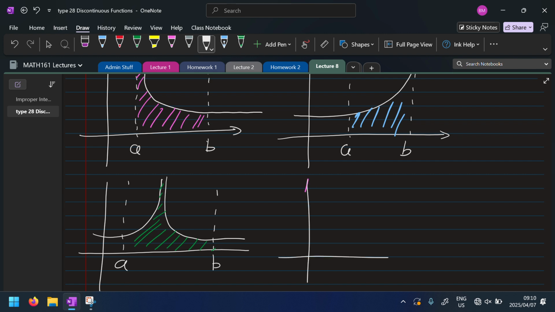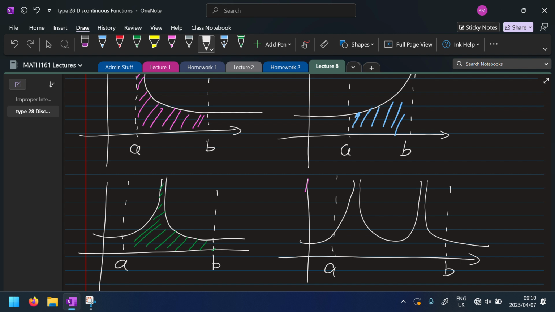So it could be something like this. A is fine, B is fine, but then there's two asymptotes in between A and B. So you need to look out for these different cases.